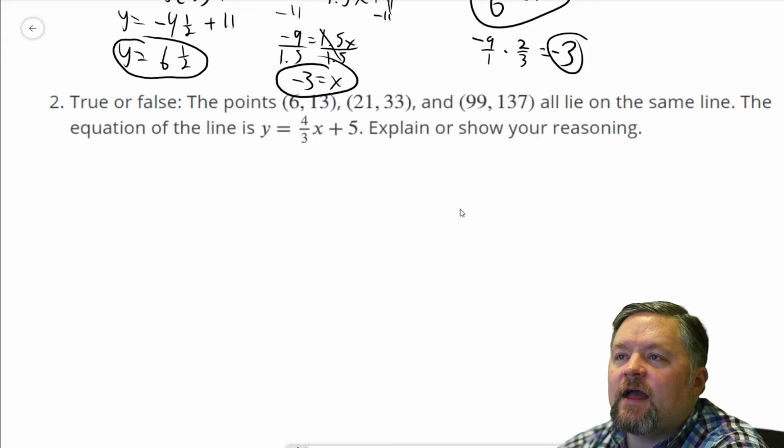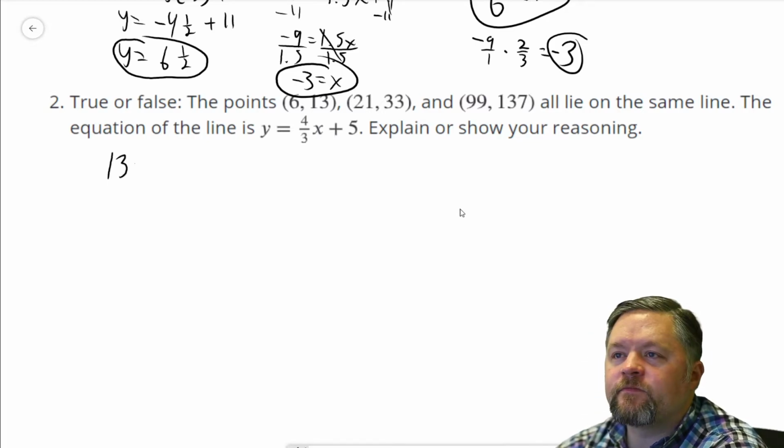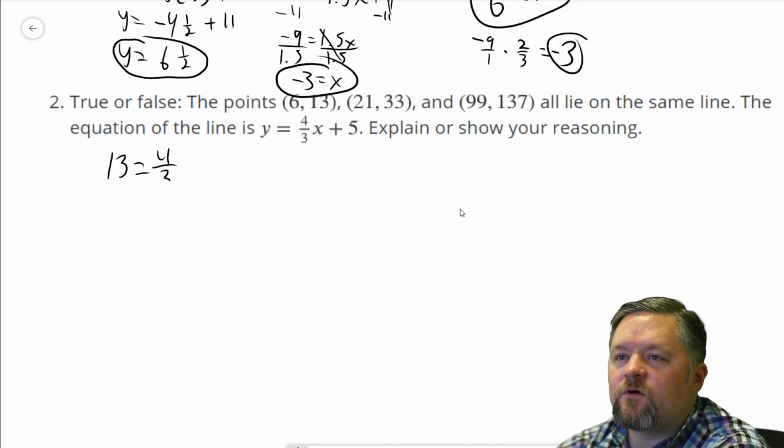First one, we had (6, 13). The y value of that is 13 equals 4/3.